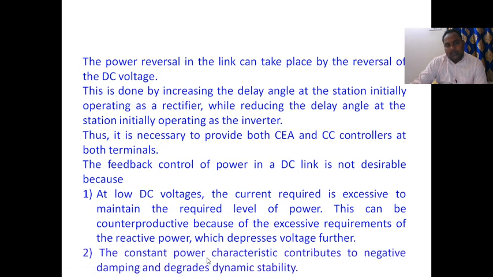The constant power characteristics contribute to negative damping and degrade dynamic stability. So overall, how do we control HVDC? By using two controllers, a constant current controller and a constant extinction angle controller.